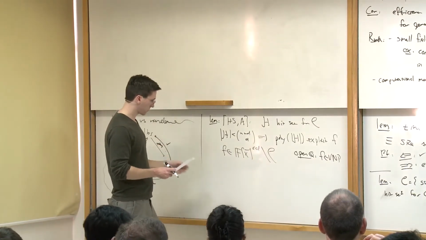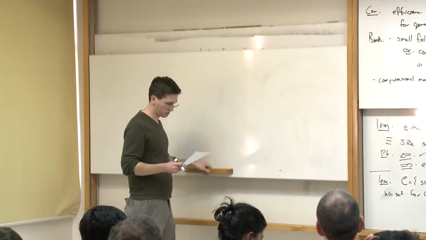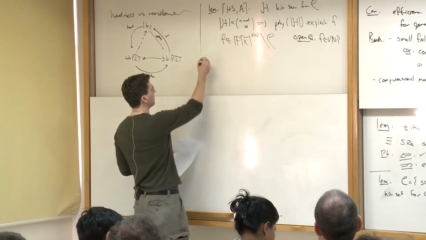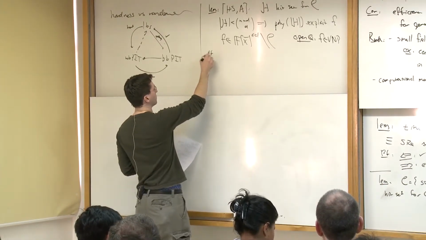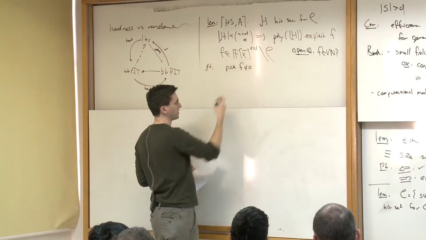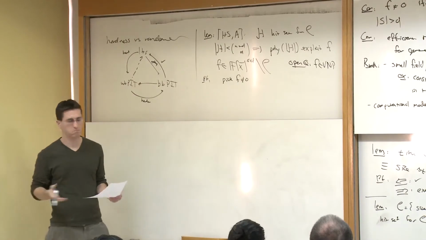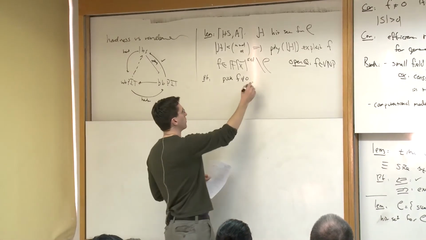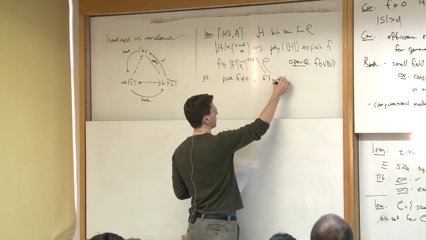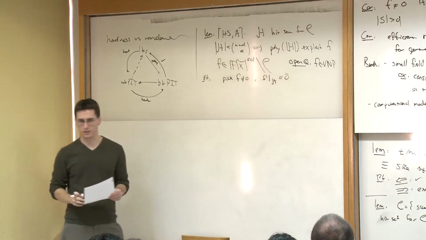Okay, but how do we prove this? Well, it's sort of the standard idea here. Proof. Pick f. First of all, we want f to be non-zero, because certainly the zero polynomial is pretty easy. What we want is that f is non-zero, but yet it's 0 on all points in your hitting set.